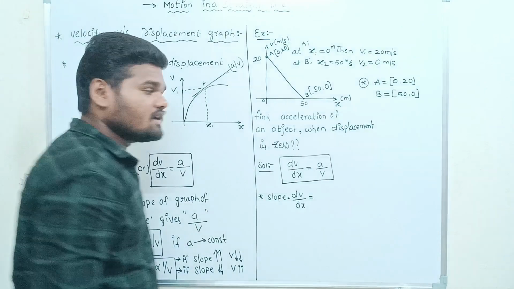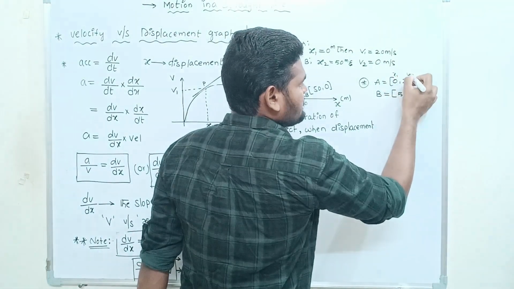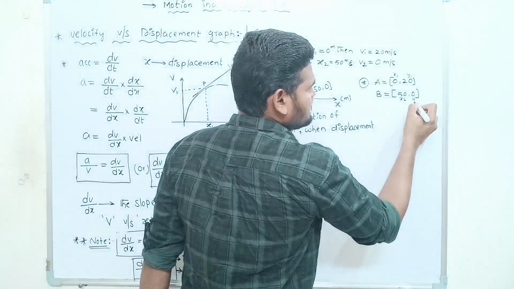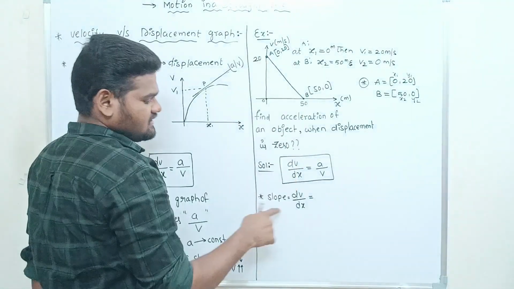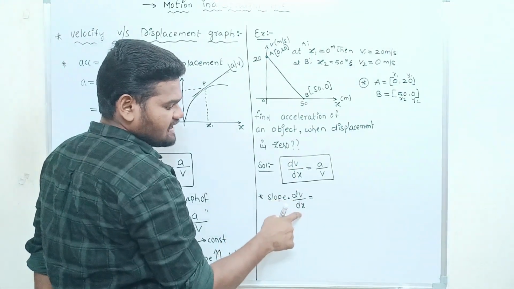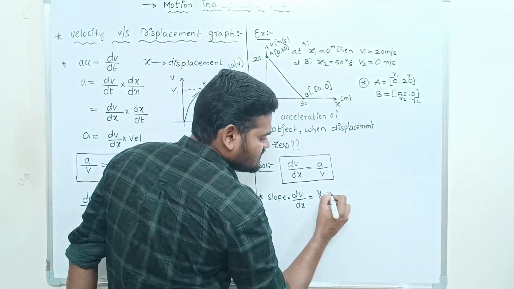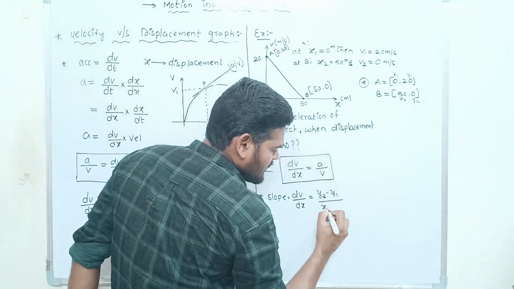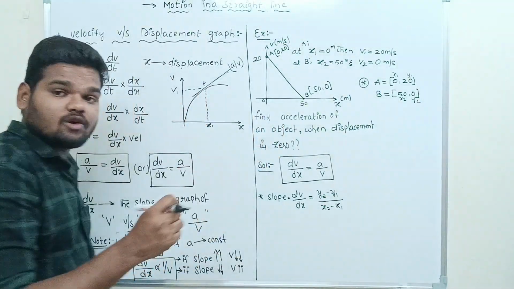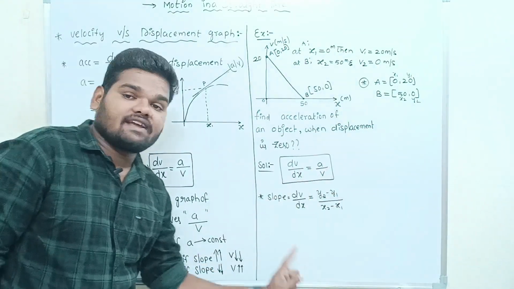Let us say these are points x1, y1 and x2, y2. Then the slope of this graph, dv by dx, is equal to y2 minus y1 divided by x2 minus x1. In the slope concept, I told you each and every point.